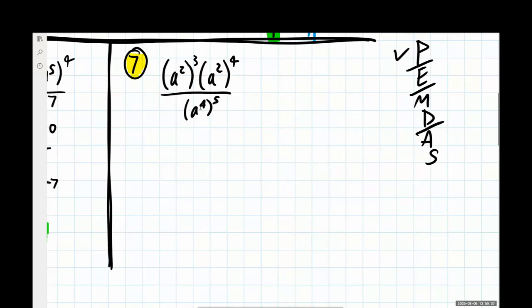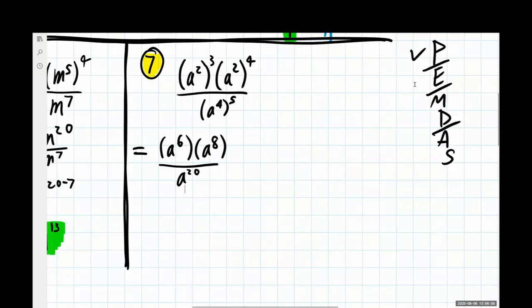And then I also have a to the 4th raised to the 5th power. So I can work with each of these individual power rules that have been given to me, and then I'll see where I'm at from there. So I've applied the exponent property, the power rule, I should say, in the exponent step. Great. I can't do anything else from there.